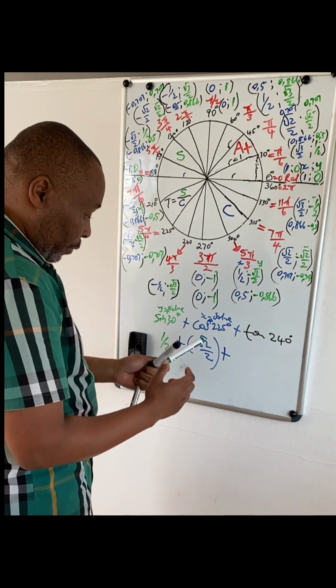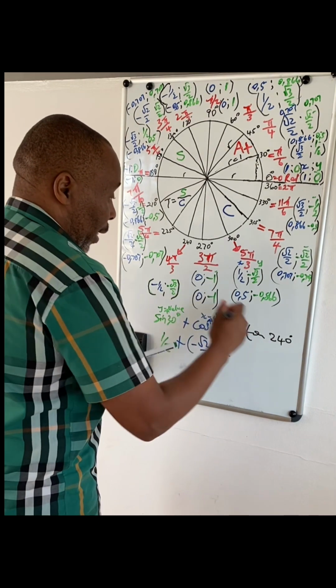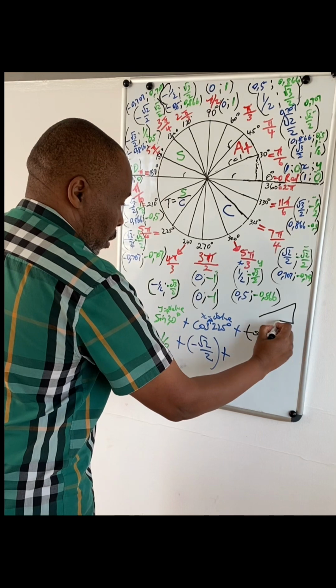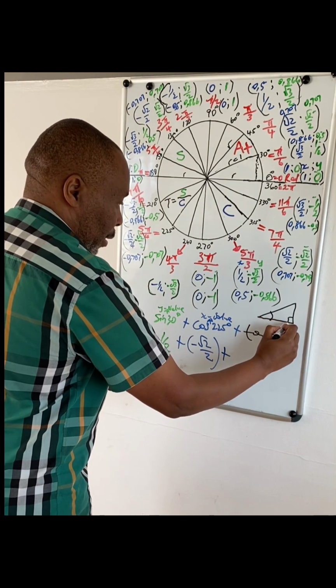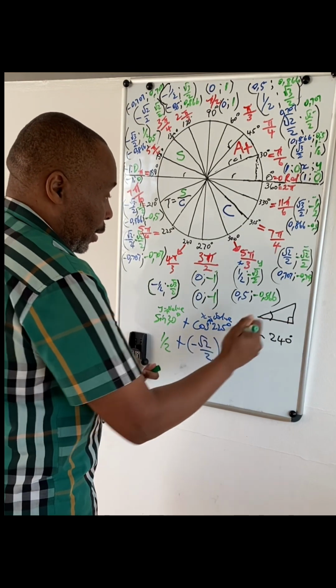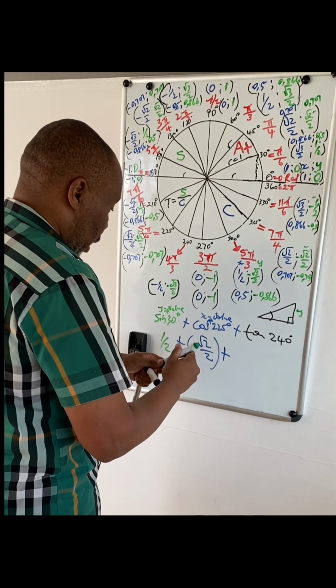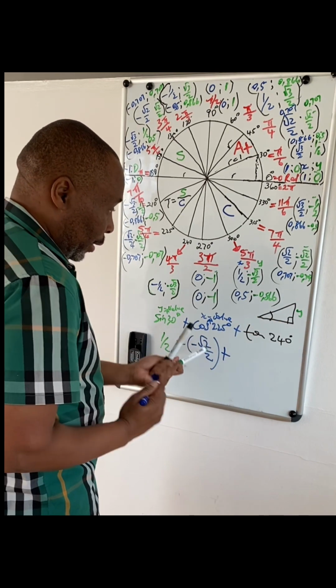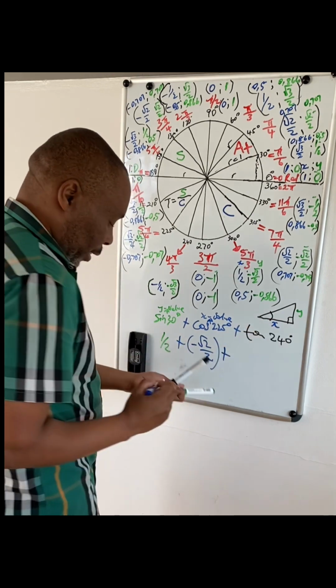Remember we had this, and the right angle here, and this is y, our opposite to the angle, and x is our adjacent to the angle.